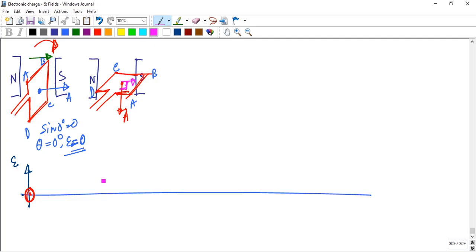So sine 90 is 1, so there is a maximum EMF here. Here theta equals 0 degree. Here theta equals pi by 2 or 90 degree. So here is a maximum EMF, plus 1.